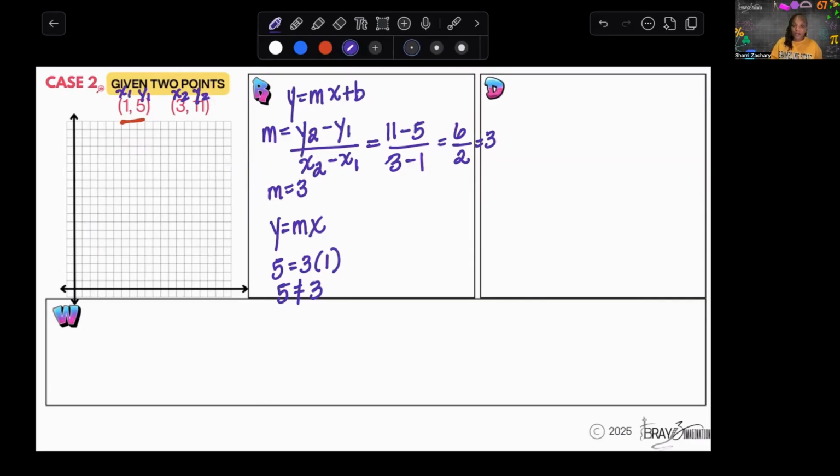Okay, so we also know that it's linear, but it is non-proportional, which means it's not going to pass through the origin 0, 0. So now to write the equation for this line, I now know my slope, which was 3.